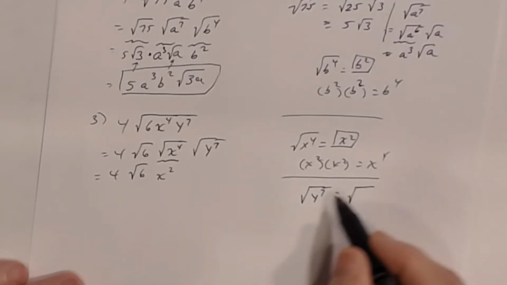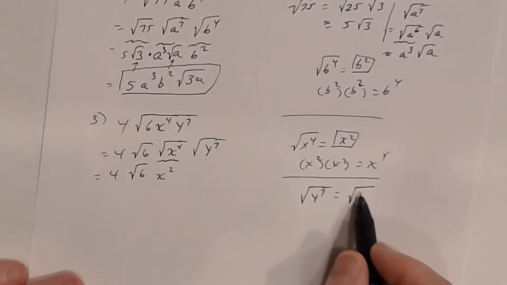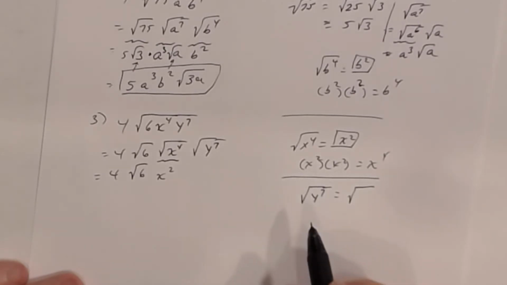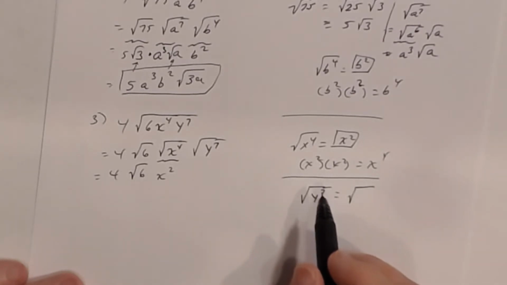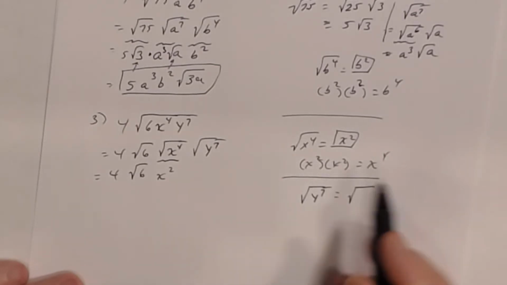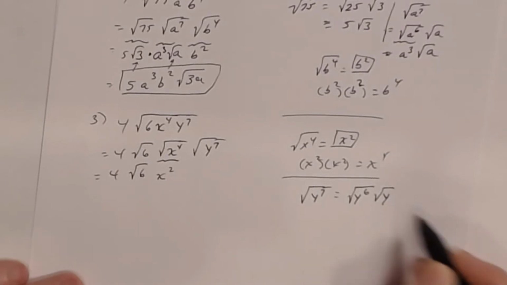Remember, you want to rewrite this in such a way that whatever exponent you use is divisible by 2. So what's the largest whole number less than 7 that's divisible by 2? And always use the largest. It makes things easier on yourself. And so that's 6. So this becomes y to the 6th times the square root of y.